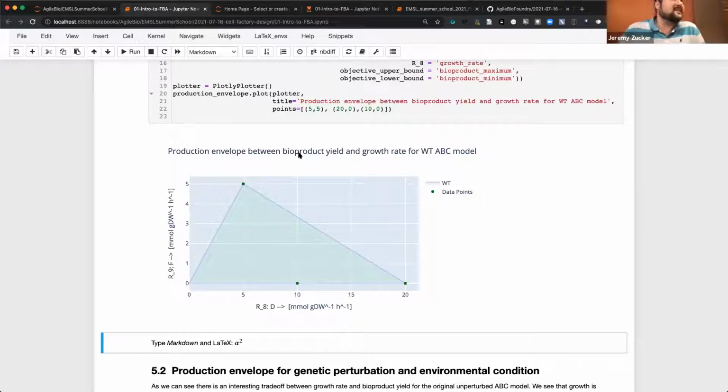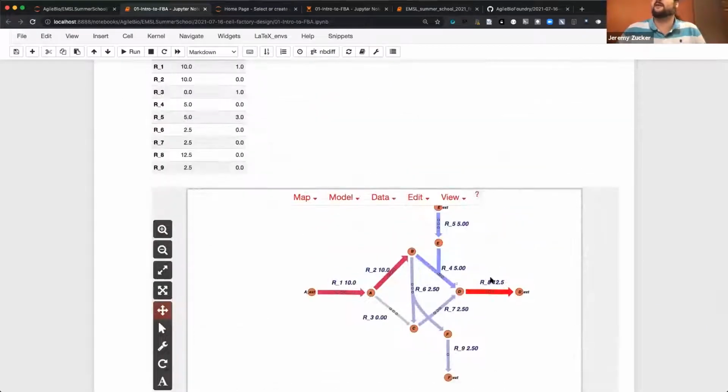But Donasian says, so the practical thing to do is to control the growth rate to about 5 millimoles per gram dry weight. Well, it depends. If you are trying to maximize yield, then yes. But if you're trying to maximize productivity, which is the product of yield and growth rate, then you may want to boost the growth rate.